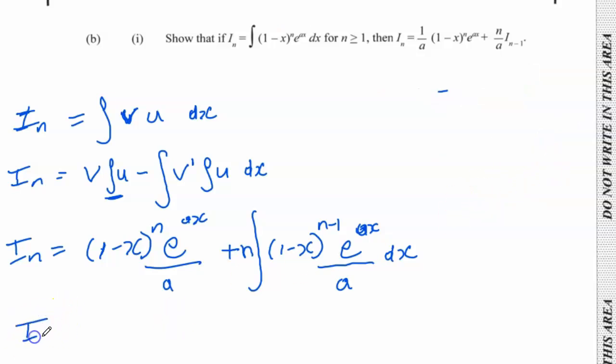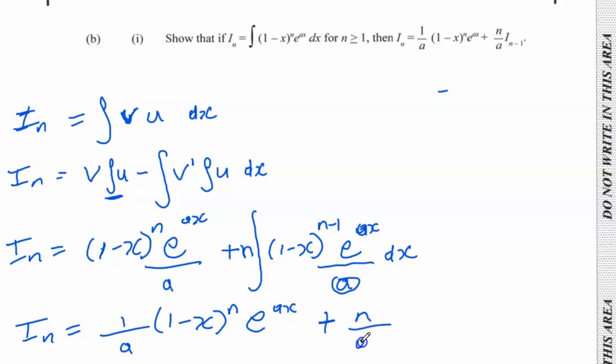Now, to get it to look like what we're asked to show, we can do some rewriting here. So 1 over a, 1 minus x to the power n, e to the ax, plus, I'm going to put this a outside here since it's a constant, so it's n over a times the integral of 1 minus x to the n minus 1 e to the ax. The only difference between this expression and what we have down here is that instead of n, we have n minus 1.